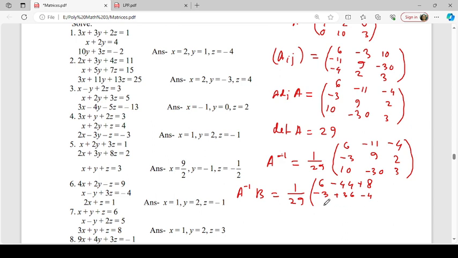Then next is 10 into 1, it is 10. Then minus 30 into 4, it is 120. And 3 into minus 2, it is minus 6. So we have this.